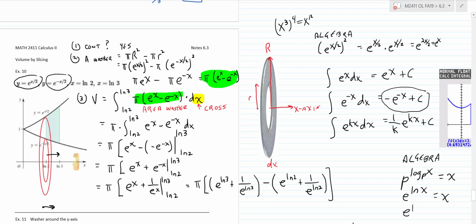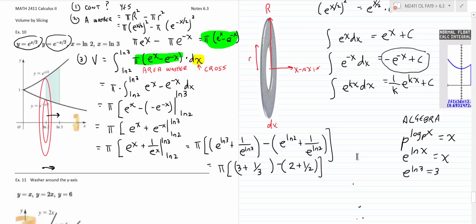So if you have e to the ln3, that's 3. Okay, so we work this out like this then. We have pi times e to the ln3 is 3. This would be 1 over 3, minus, and then this would be 2 plus 1 over 2. If you don't know that, your calculator will bail you out on that.